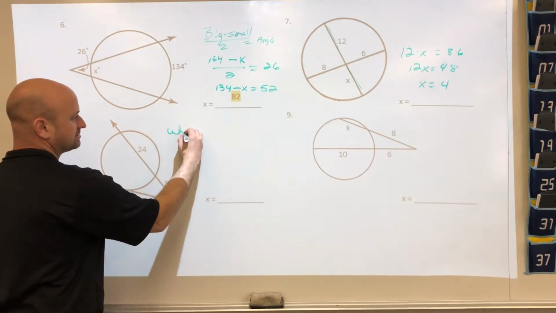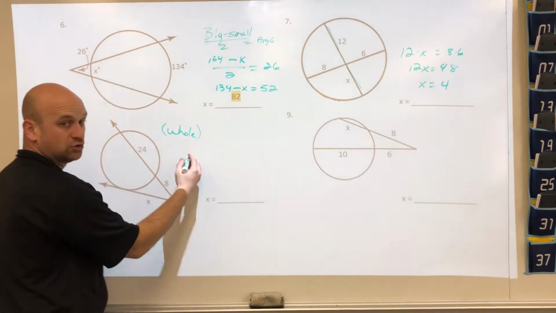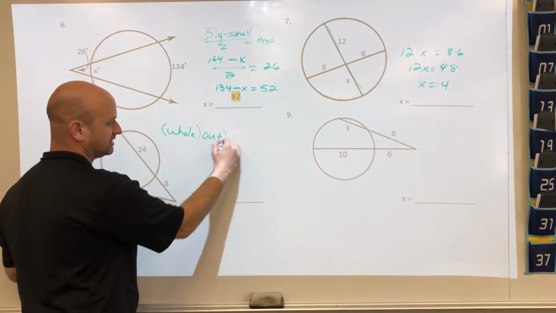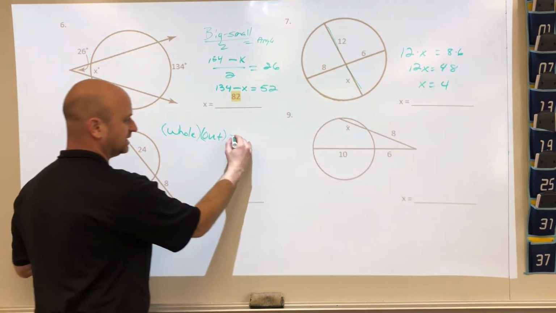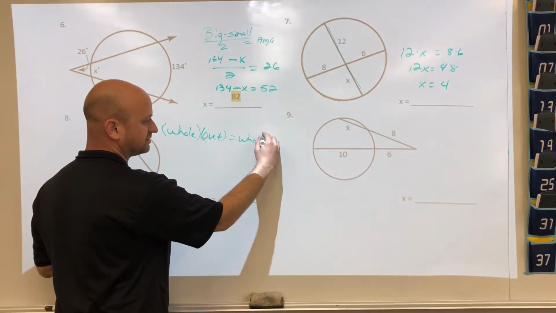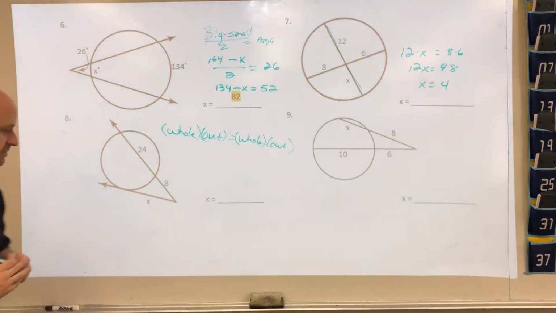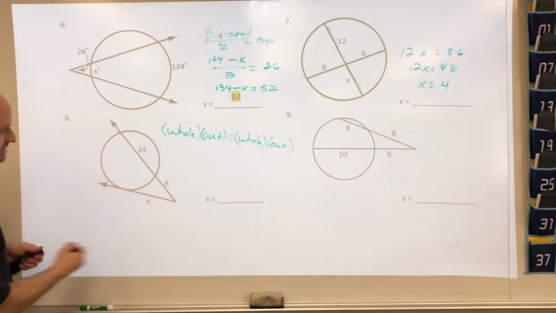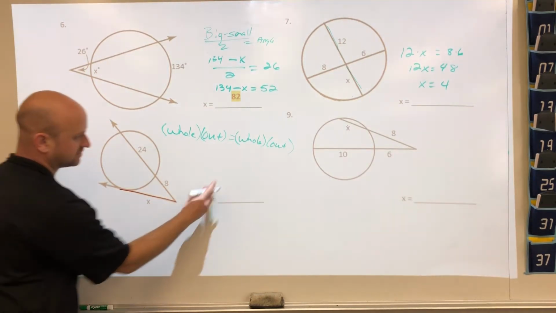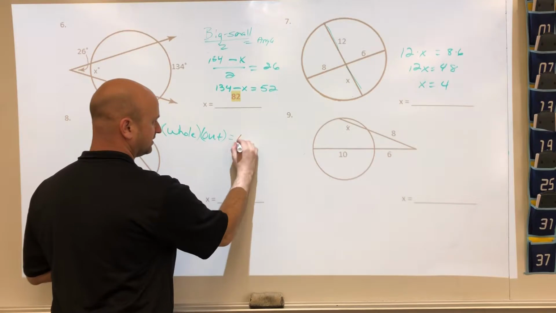The shortcut on this problem is we take the length of the whole line times the part that is outside the circle, and that's going to equal the other line, the length of the other line, times what's outside the circle. Okay? And so if we look at this example, I'm going to call this the brown line.